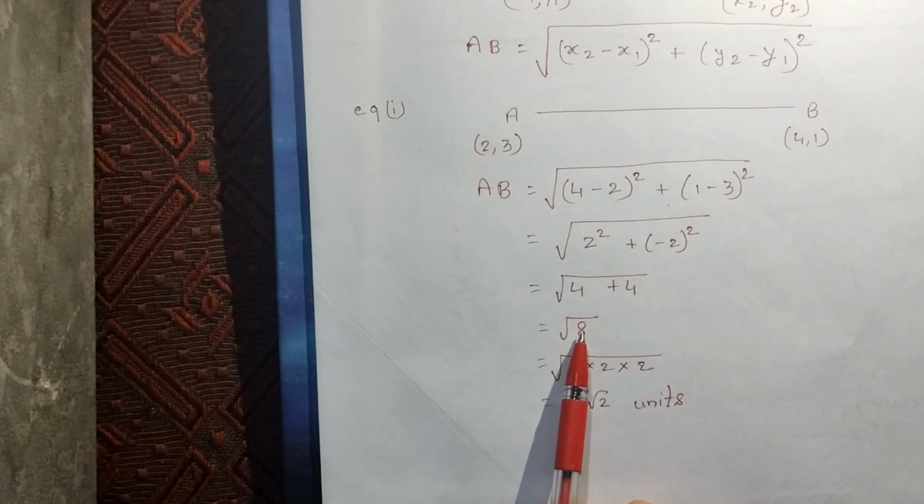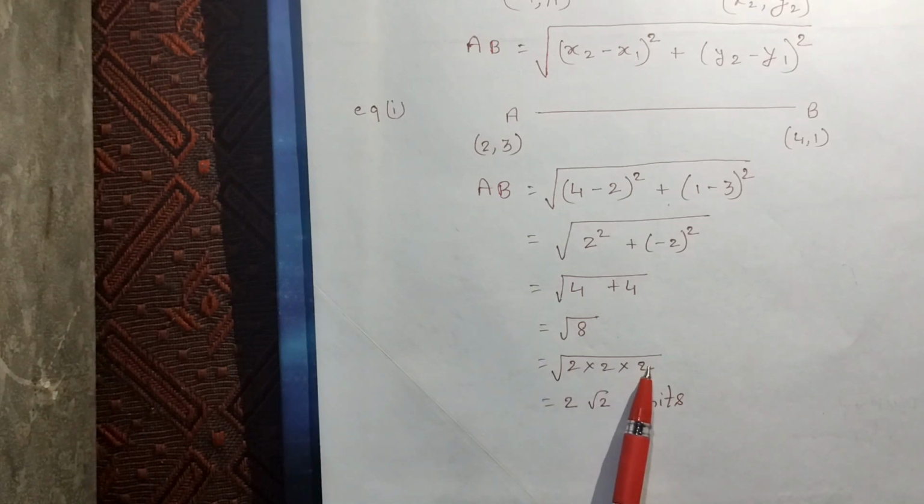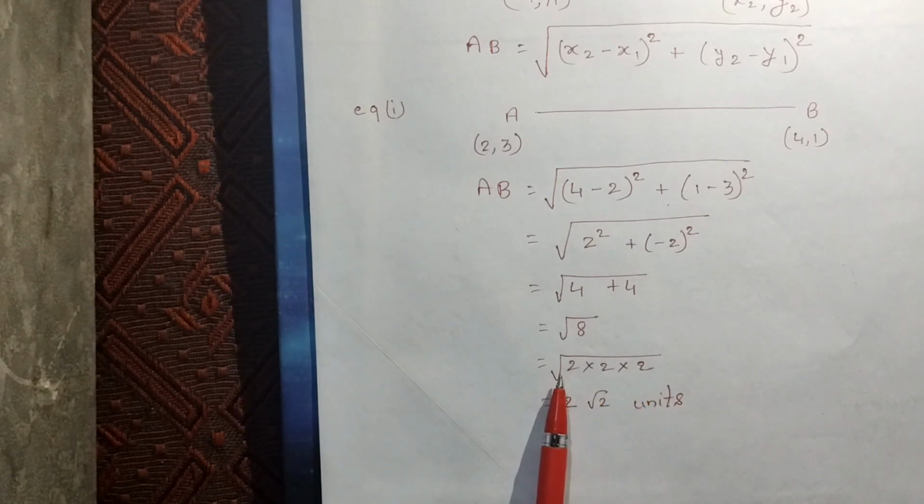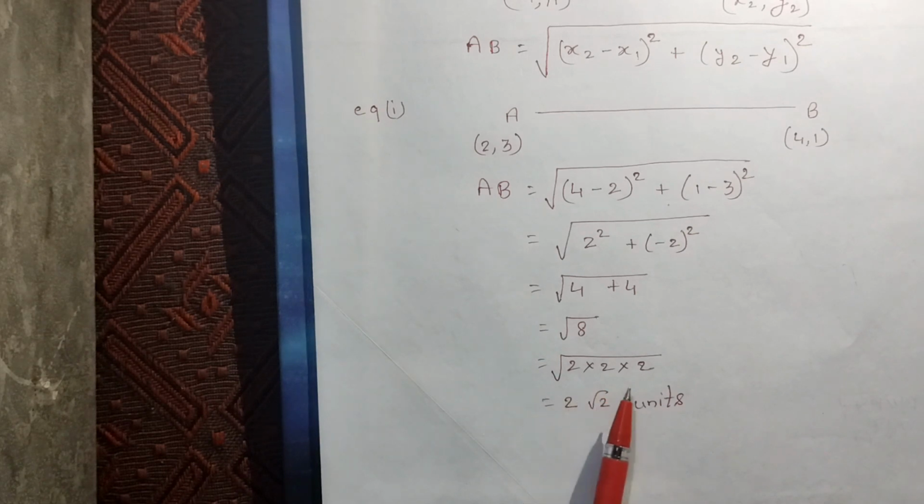By prime factorization of 8, you will get 2 times 2 times 2. Now due to this square root, one 2 will come out, the third 2 will remain inside the root, and you will have to write units. This is compulsory. If you don't write units, then your marks will be deducted.